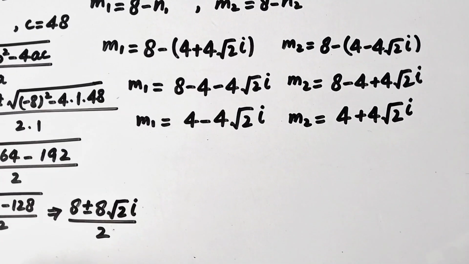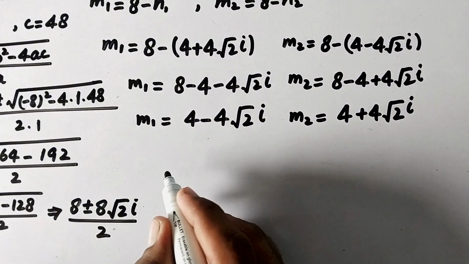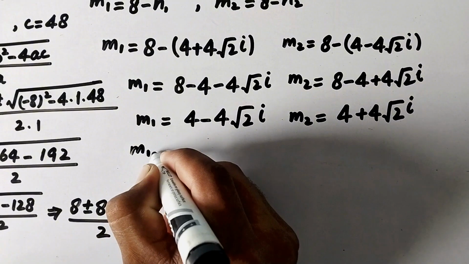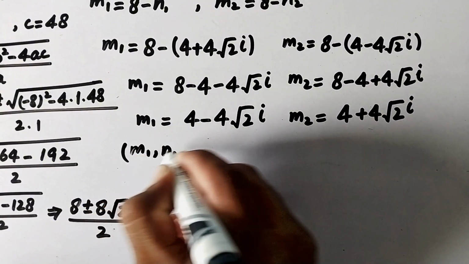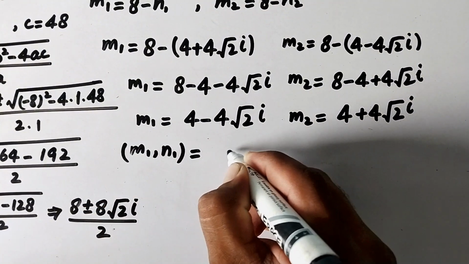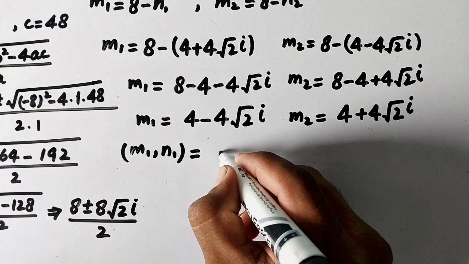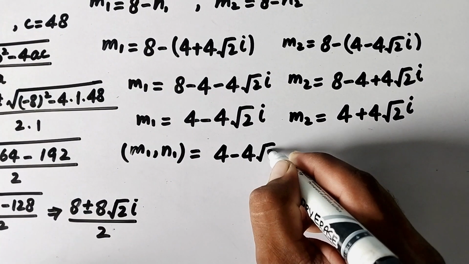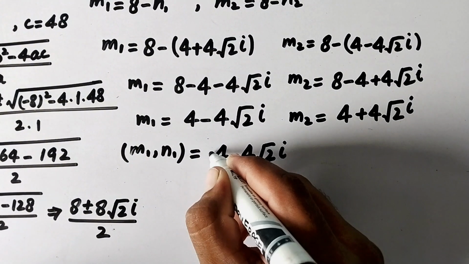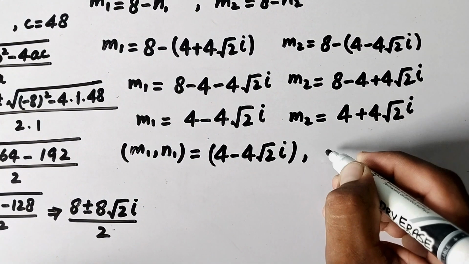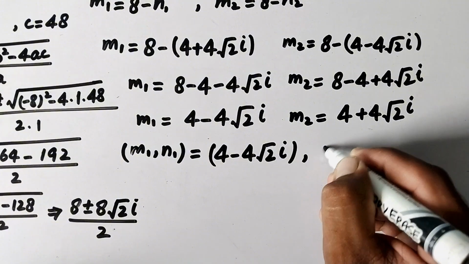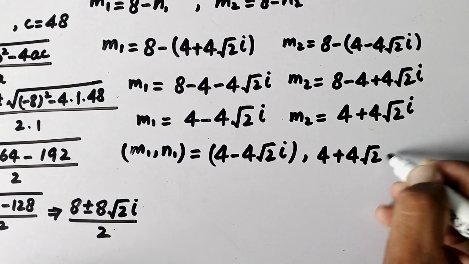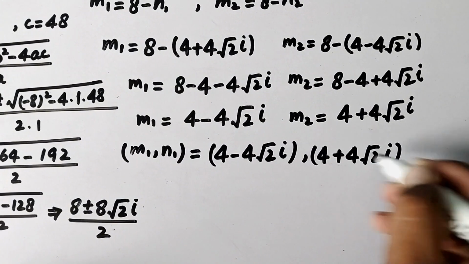So here we have gotten two solution sets for the values of m and n. Here m1 and n1 are equal to: m1 is 4 minus 4 times root of 2 times i, and n1 is 4 plus 4 times root of 2 times i.